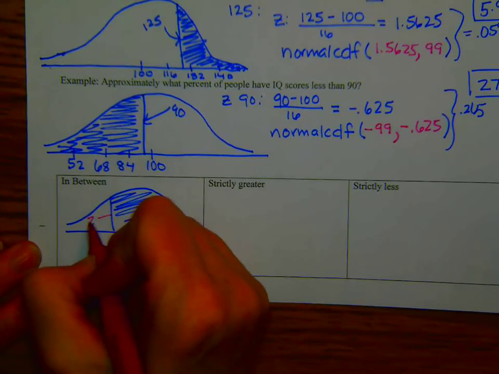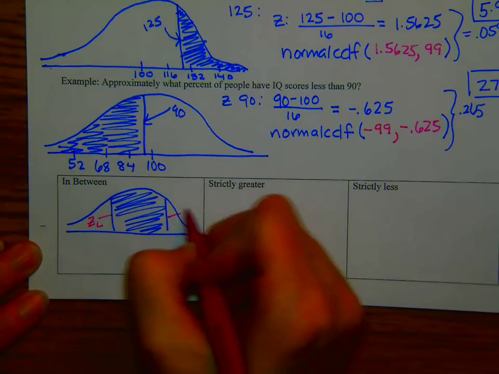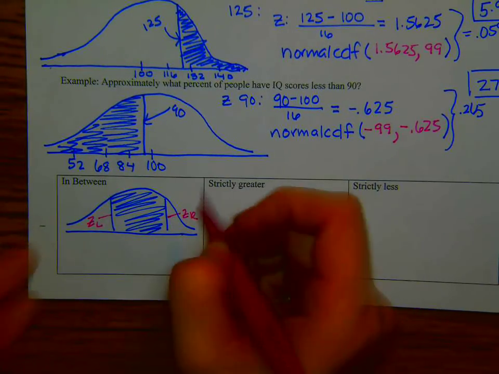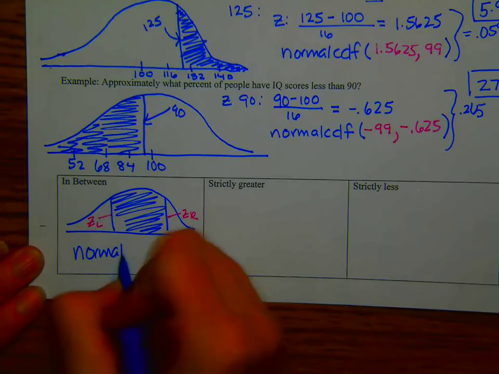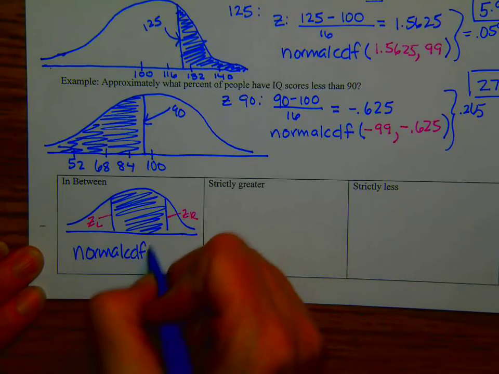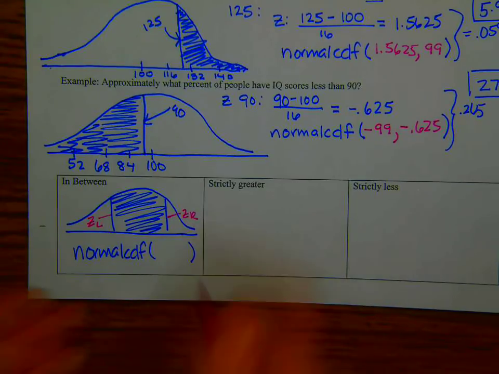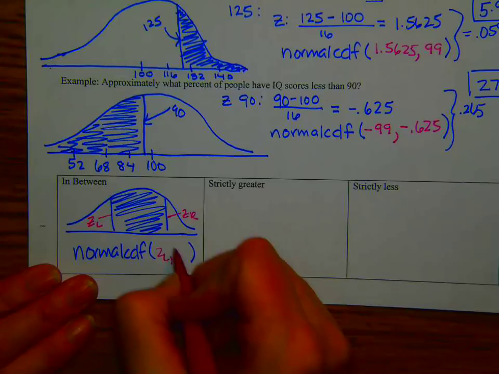We've got a z left and a z right. And we're going to use the normalcdf function, and we're going to enter z left and z right.